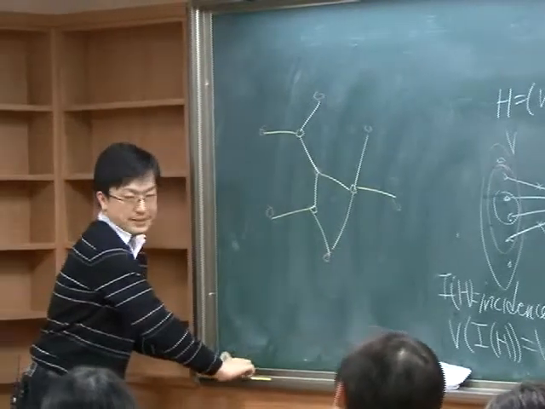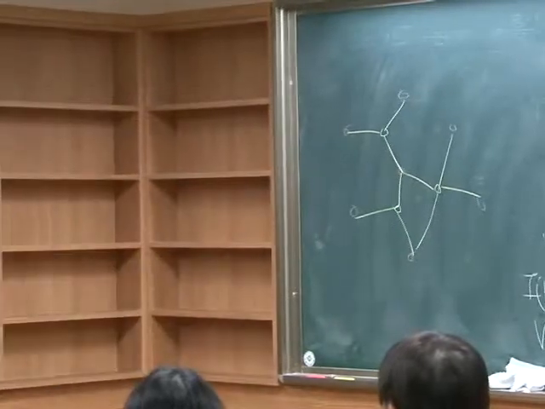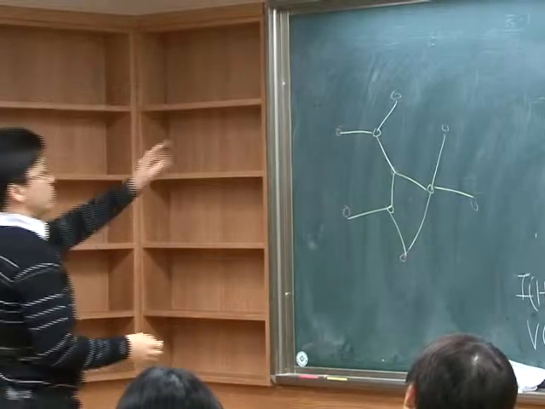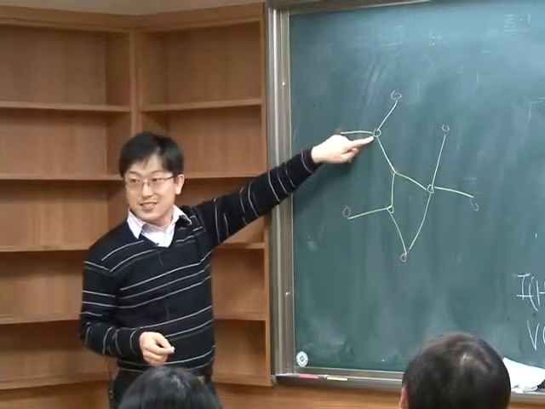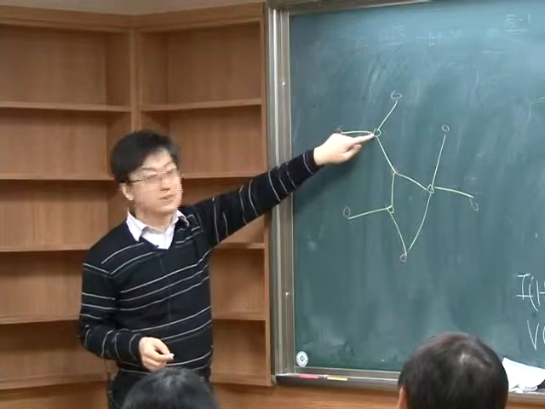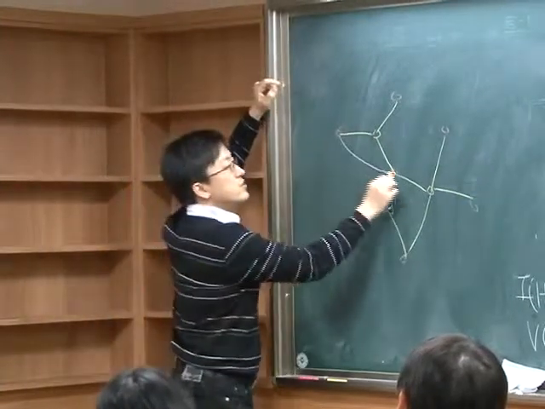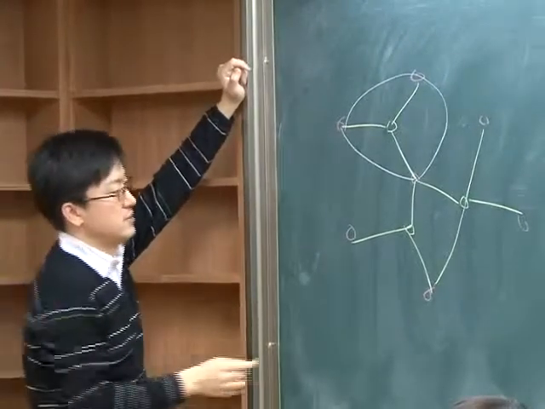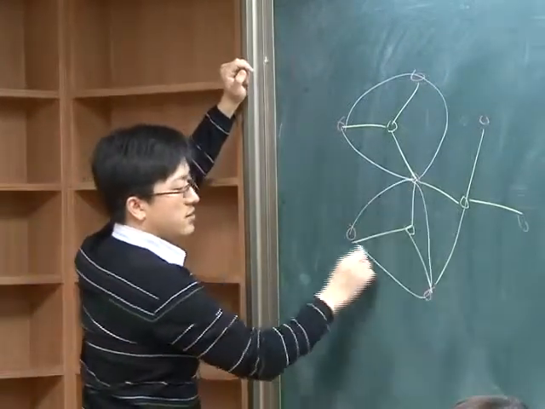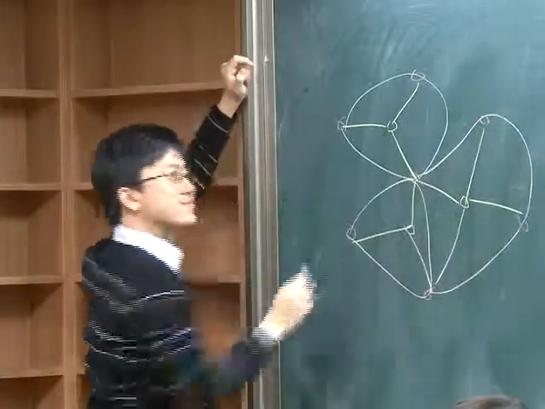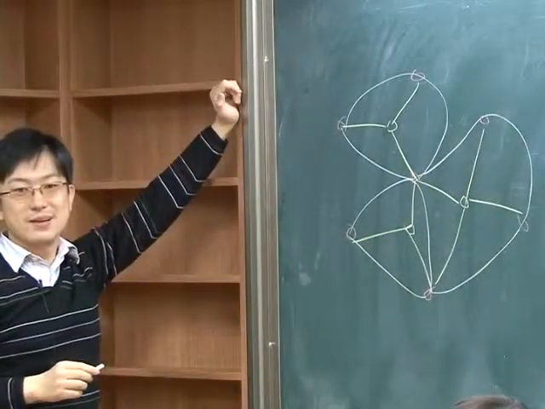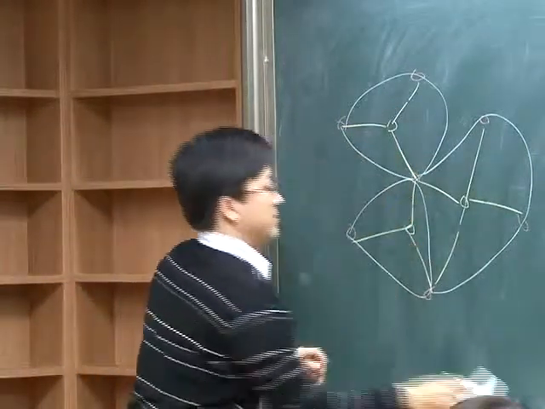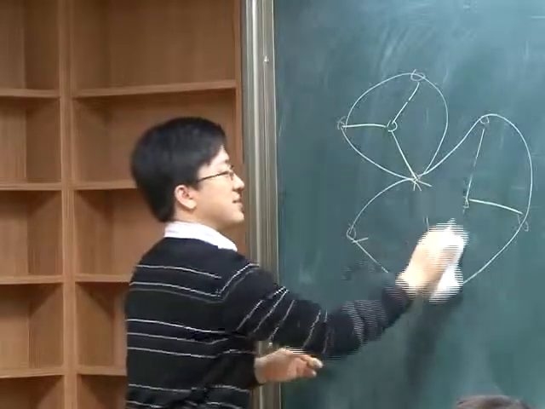What we can do is draw a cycle going through the vertices: for each yellow vertex, you draw a cycle going through its vertices, and then remove the yellow vertices.